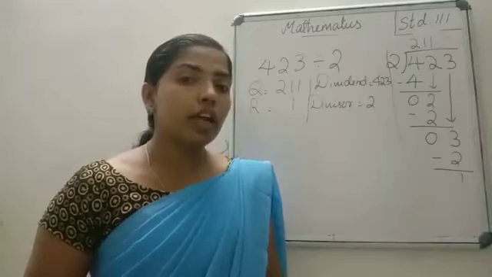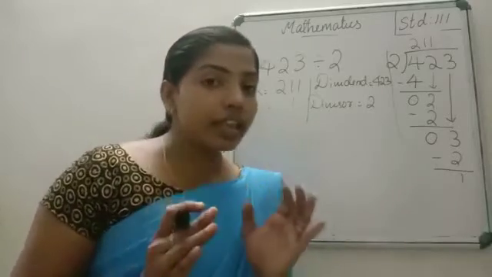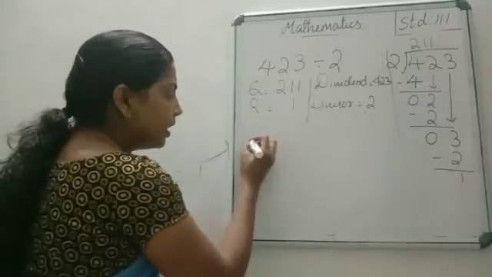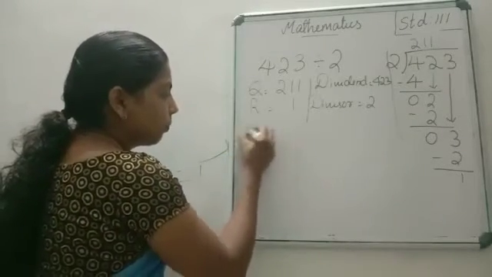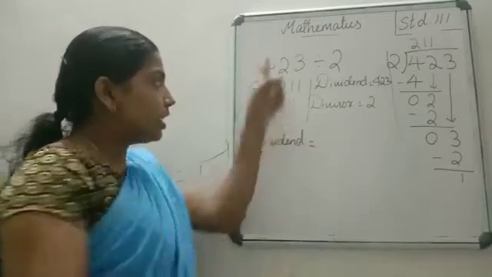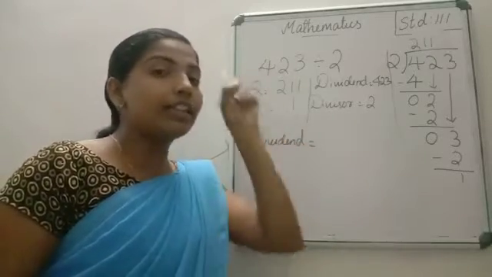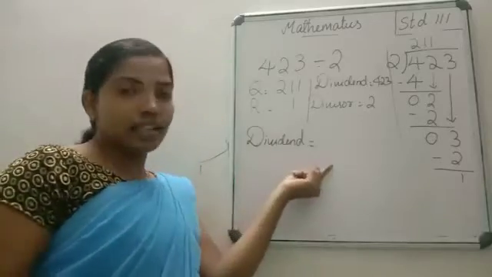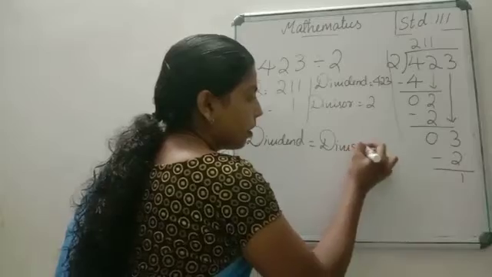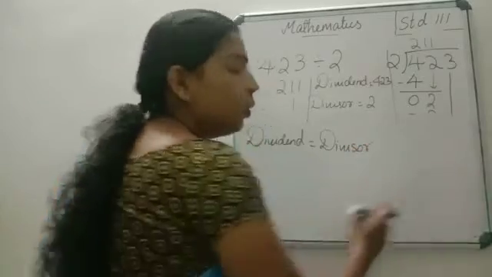How can we check? In order to check the division, there is a formula. Let us study that. Dividend is equal to divisor into quotient plus remainder.